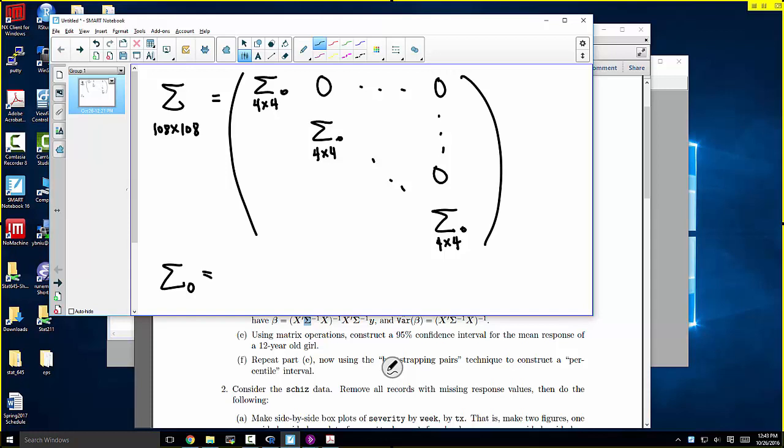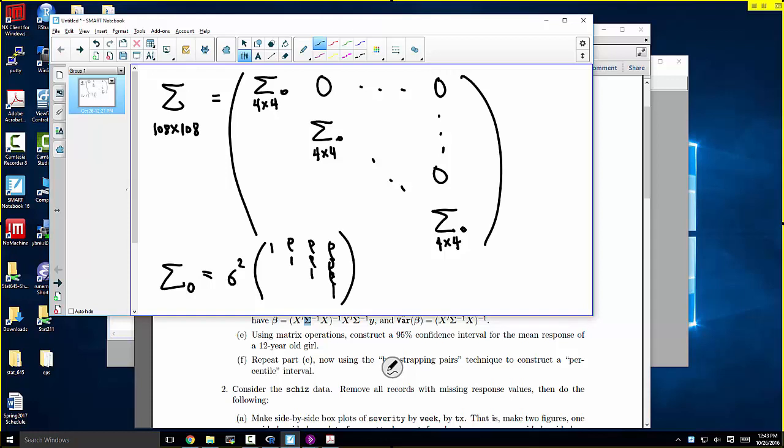Sigma 0 equals little sigma squared times a 4 by 4 correlation matrix. So 1's down the diagonal of a correlation matrix, and then every off-diagonal piece is equal to rho.